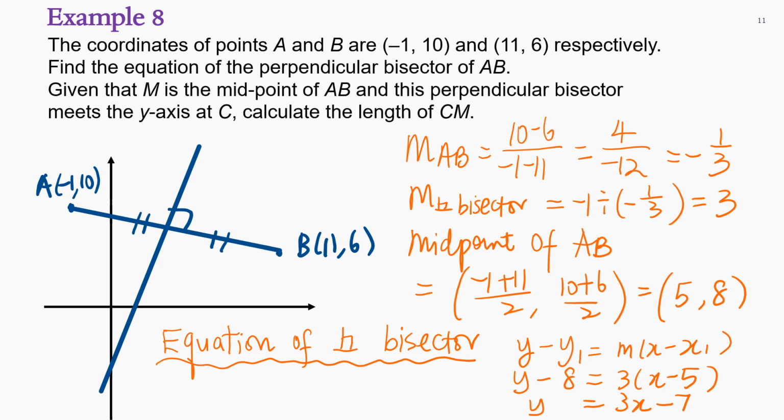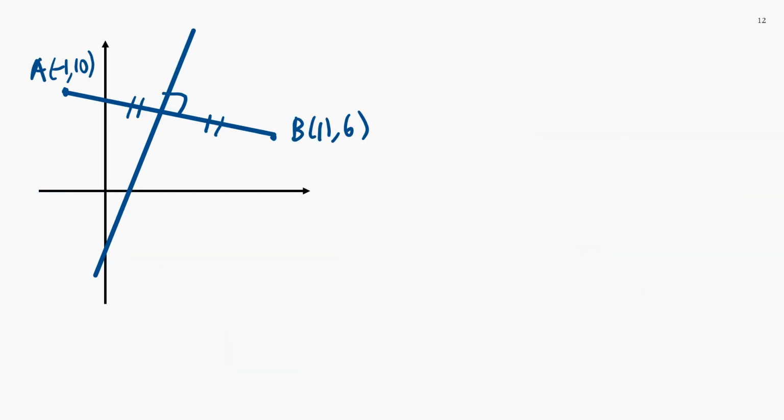And on the next slide, I'll show you how we can find the length CM. Alright, so given all this information here, C actually lies on the y-axis. So therefore, the x coordinate of point C is 0. So we're going to substitute x equals 0 into the equation that we found earlier on.